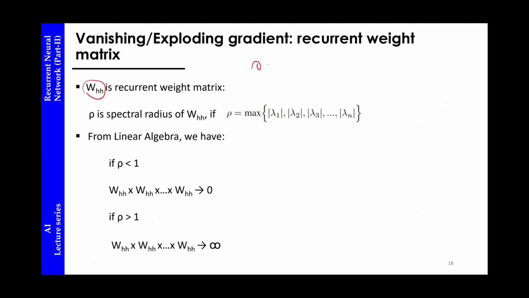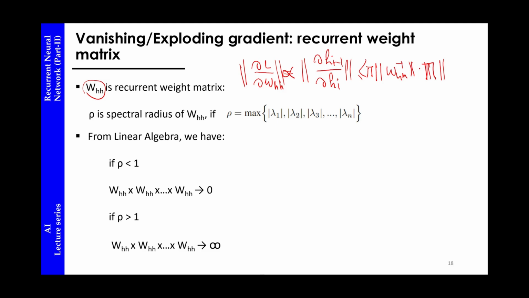You remember when you wanted to calculate the partial derivative of loss with respect to the recurrent weight matrix, we said the spectral norm of this value is proportional to the spectral norm of h_{i-1} to h_i, and this is less than or equal to the spectral norm of WHH transpose times the spectral norm of the product of diag sigma prime.